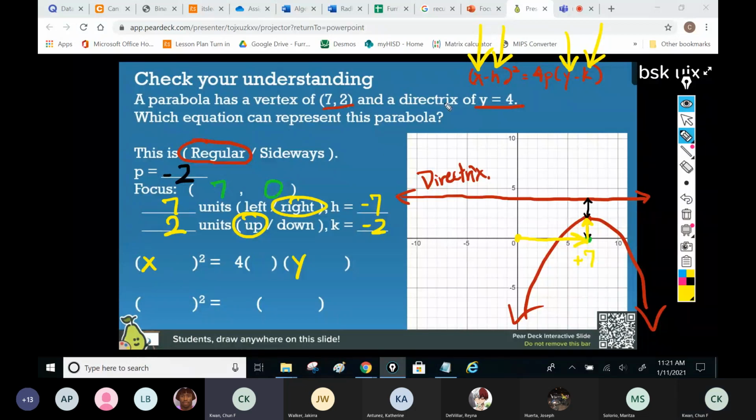So the h is -7, the k is -2, and then the p focal length is -2 as well.